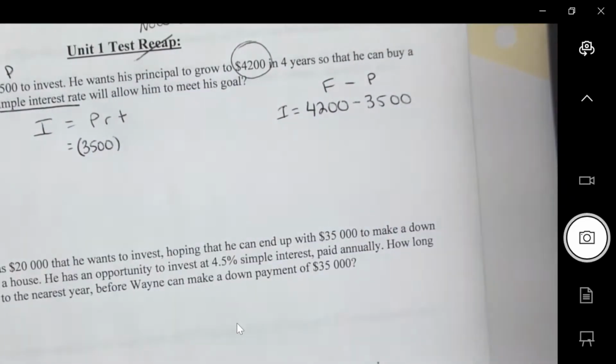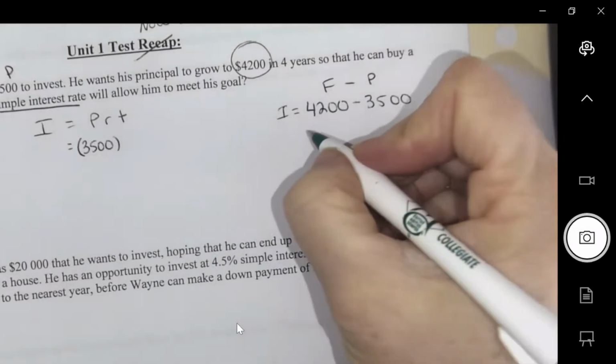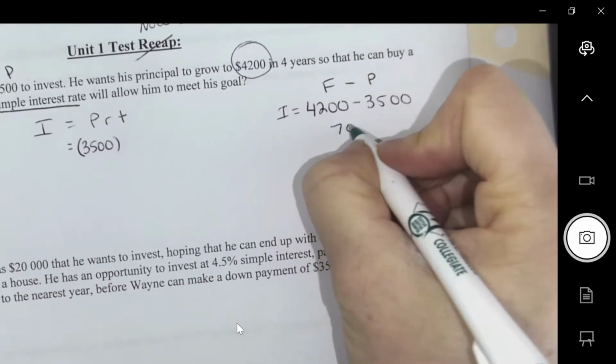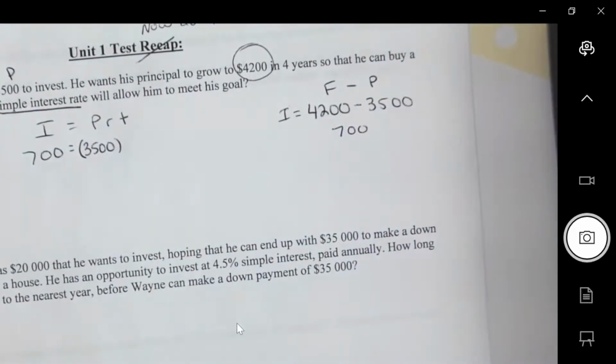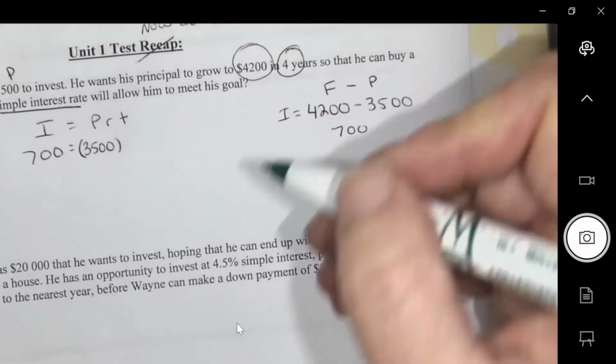It's always the final minus the start, the principal. That's how much interest. So what is that, 700? $700 is your interest, in 4 years.